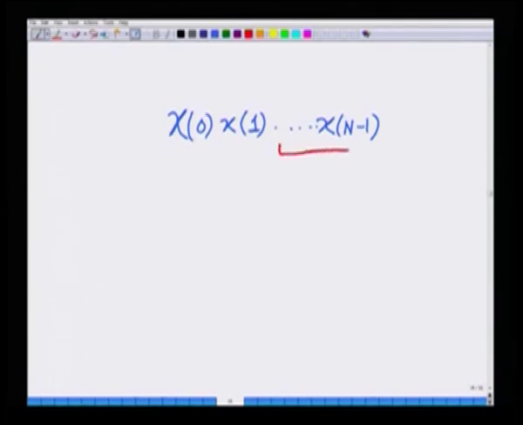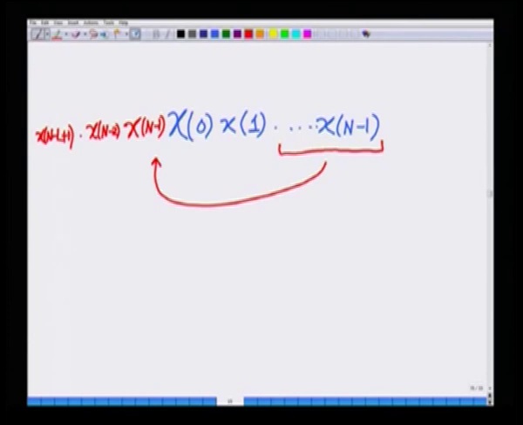We are going to take a portion comprising some symbols, and we are going to repeat that portion here as follows. I am going to prefix this with xn minus 1, xn minus 2, up to xn minus L plus 1. Okay.